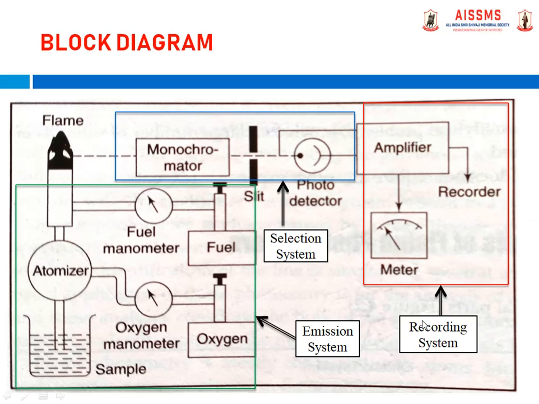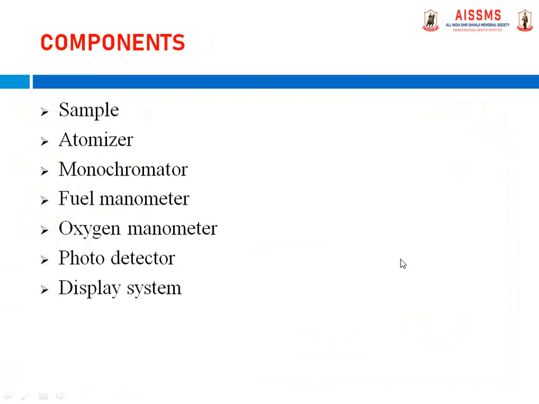Part 3, recording system, consists of amplifier, recorder and meter. Different components in flame photometer are sample, atomizer, monochromator, fuel manometer, oxygen manometer, photodetector and display system.